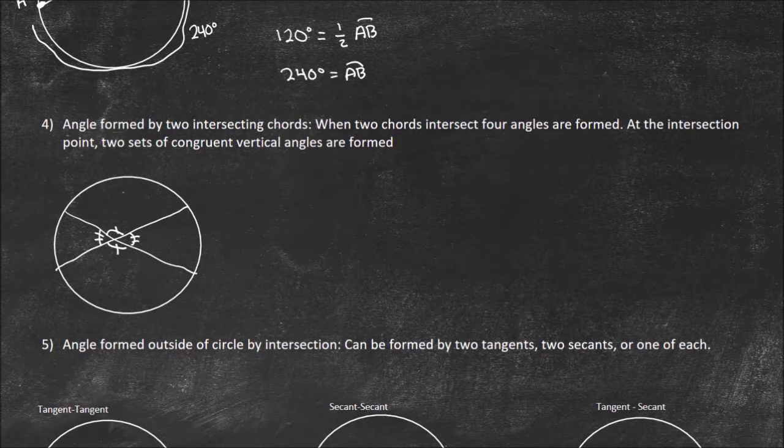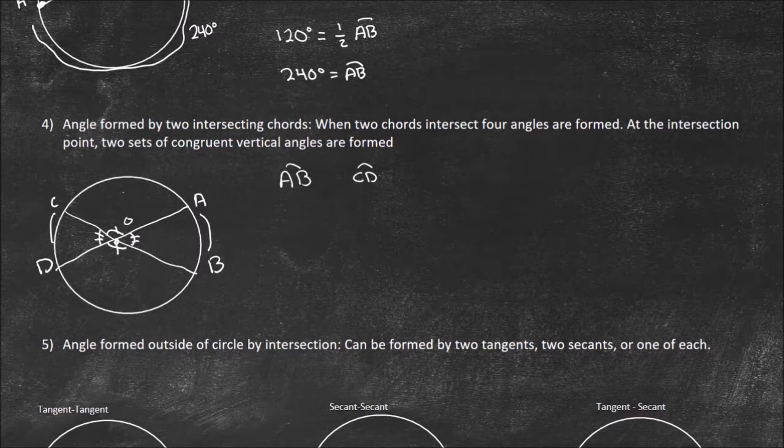But how this helps us is a bit different. Let me write these out. I'm going to say A, let's just make this O, B, then we'll have C and D. So obviously I have 2 arcs here: arc AB and arc CD. I'm going to write those down. I have arc AB and arc CD.